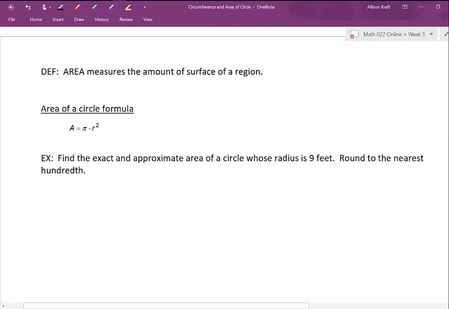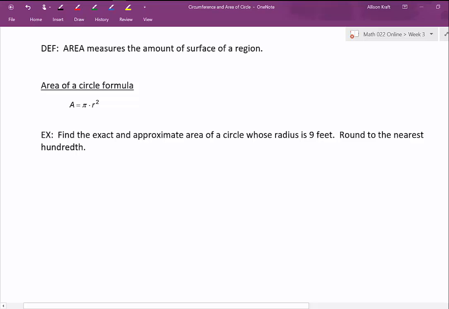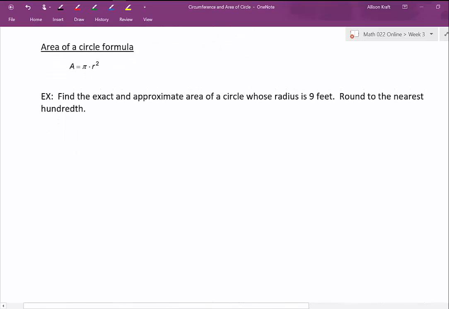We've mentioned that area measures the amount of surface of a region. Circles have their own area formula. Area is equal to pi times r squared. Again, I want to practice finding the exact and the approximate area of a circle. They're telling us that the radius is 9 feet. Start with the exact. This is where we leave pi in for our answer. We don't replace it with a number.